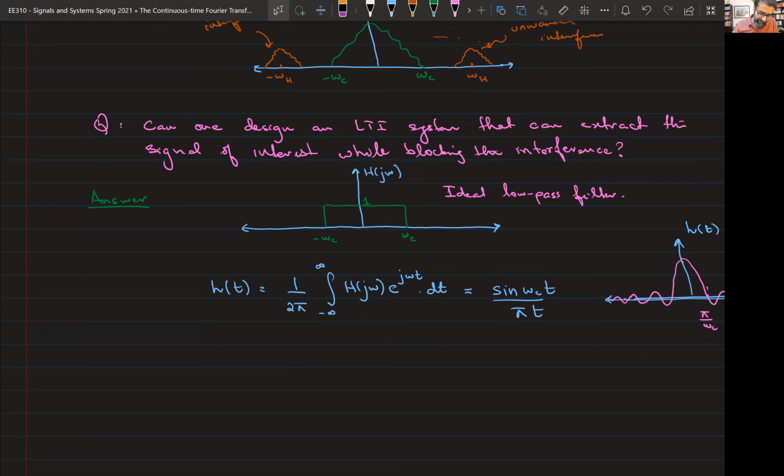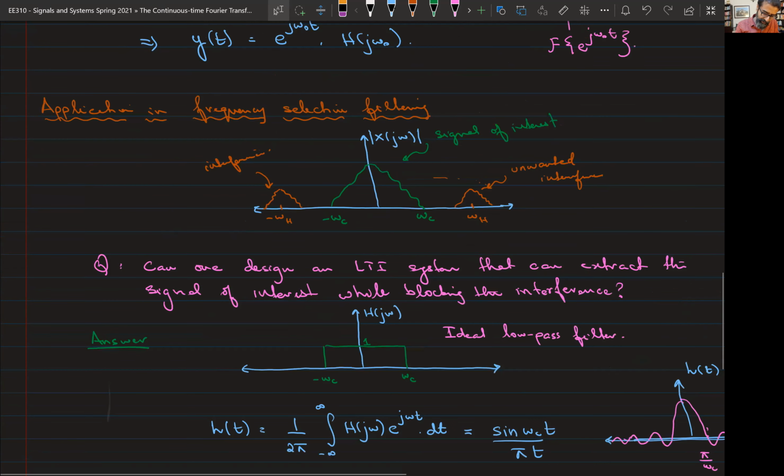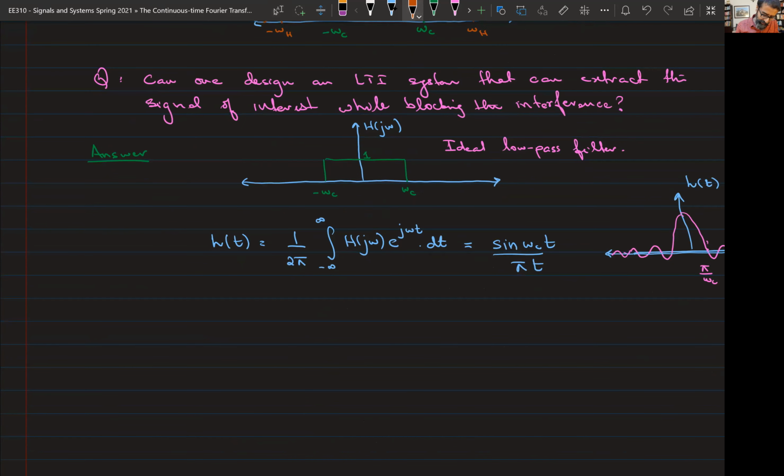So this is another example. And so you could use a convolution property to compute convolution as well, right?